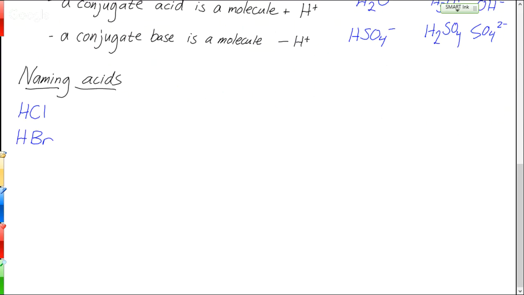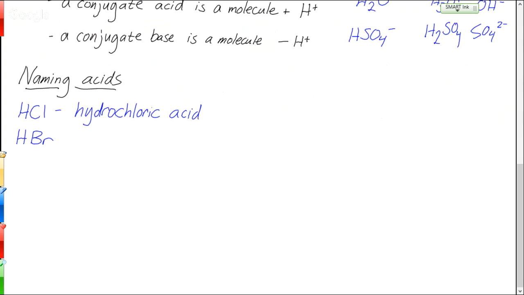There's what we call the binary acids, which are like this. There's only a handful of them. And you write hydro at the beginning, and then the name with ic at the end, and acid. We've used hydrochloric acid, so that's probably a common name that you remember.